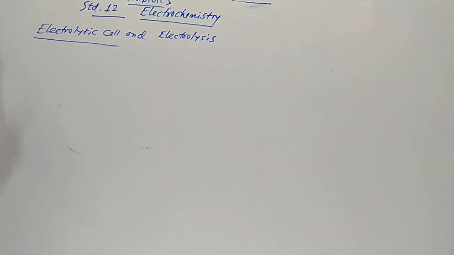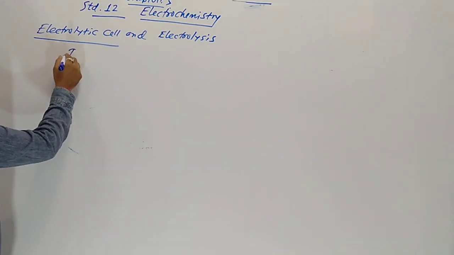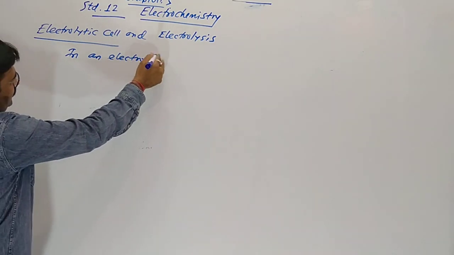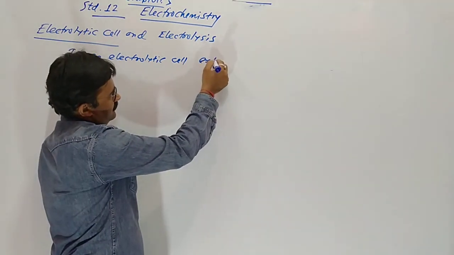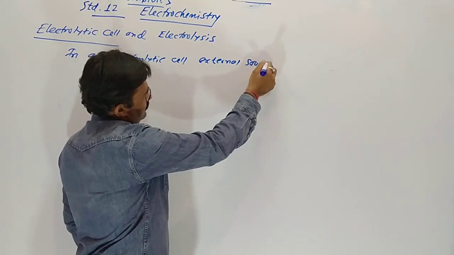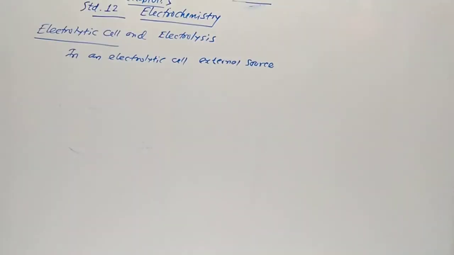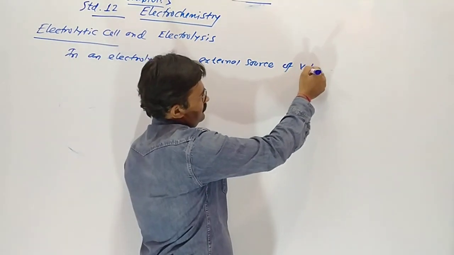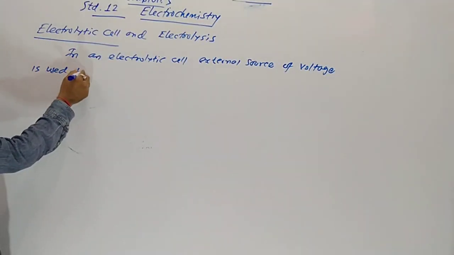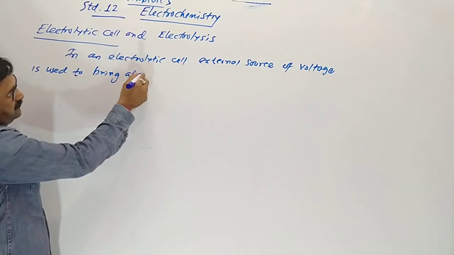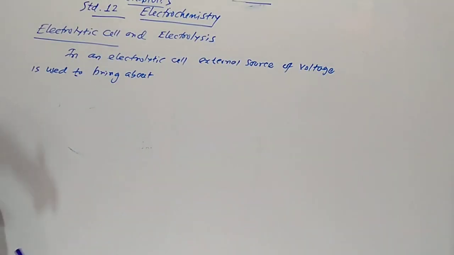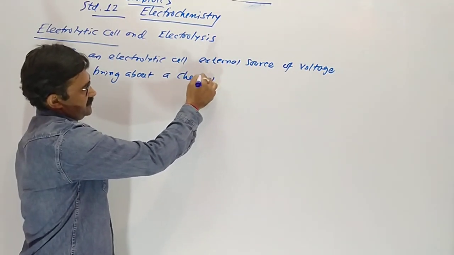First of all, in an electrolytic cell, an external source of voltage is used to bring about a chemical reaction. Yes, we discussed.